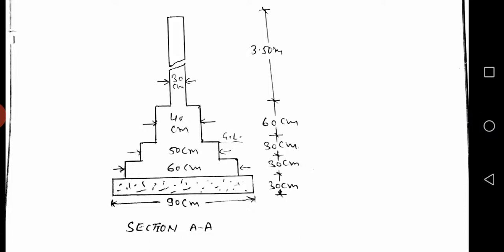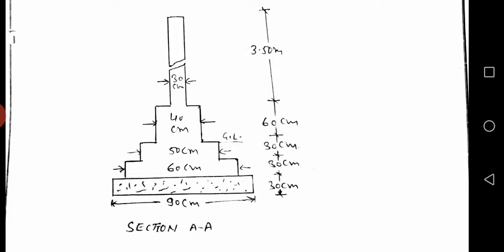In the cross section, first is concrete in foundation, that is 30 centimeter thick and 90 centimeter width. Then the first footing and second footing, first footing 50 centimeter, then the second footing 60 centimeter, both 30 centimeter thickness.